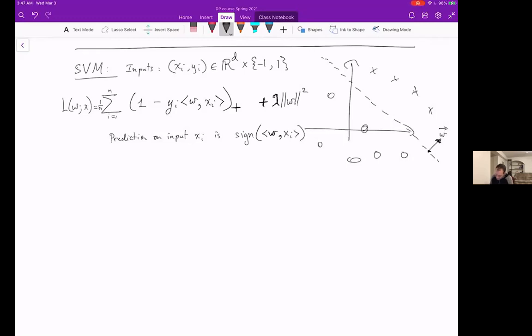So that prediction is correct if and only if yi, which is 1 or -1, times this inner product is greater than 0. Okay.